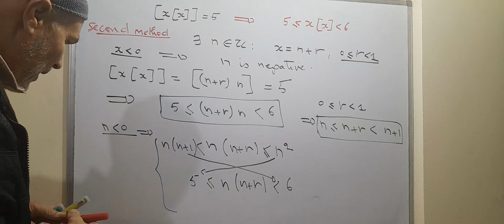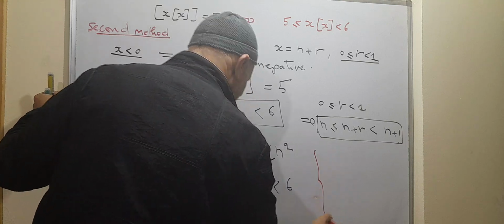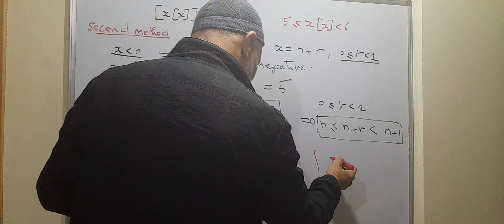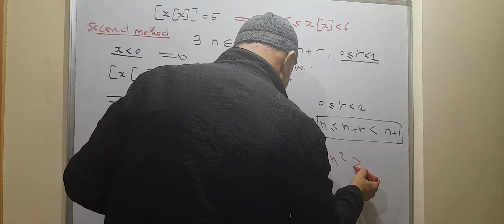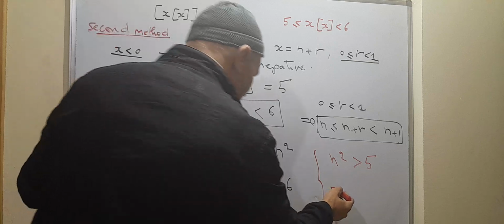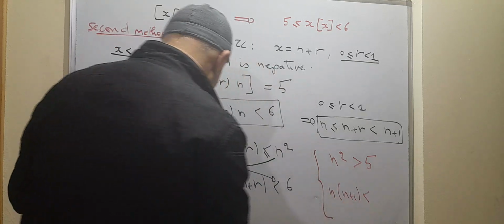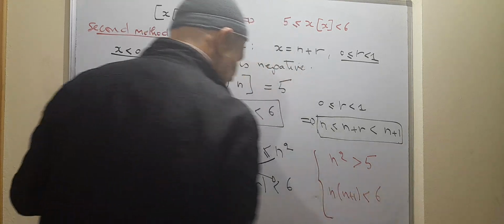Once again, let us consider this double inequality. n squared greater than 5 and n times (n plus 1) less than 6.